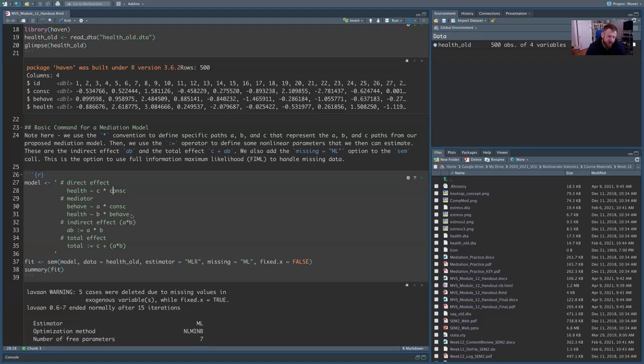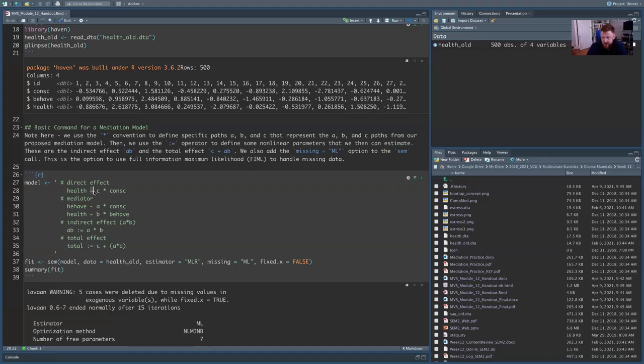For our mediator, we have two paths to look at. We have the A path, which is the path between conscientiousness and behavior, and then the B path, which is the path between behavior and health. And I've defined those here too. So behavior is the outcome in the A path, and conscientiousness is the predictor. And notice all of these just use the tilde sign.